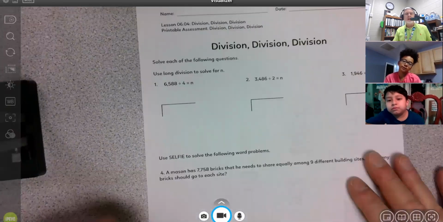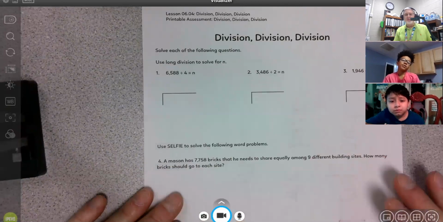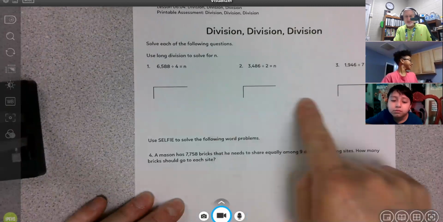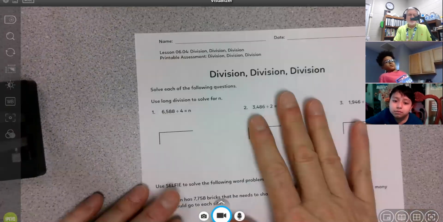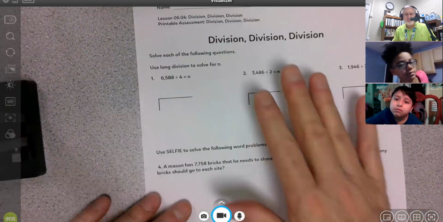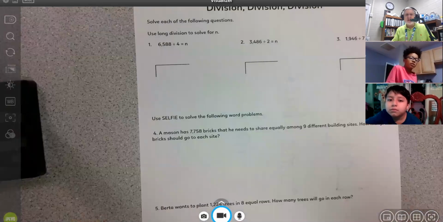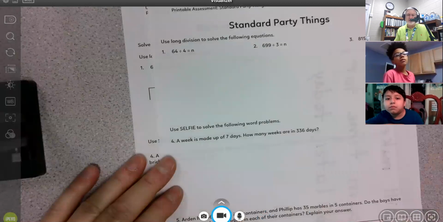And on assignment 0604, again, it says use the long division to solve. We're going to use the partial quotient strategy. If you find that you don't have enough room on this, you can either do it on the back of this, or you can do it on a piece of loose leaf paper. But when you're completing this, do not just put an answer there and turn that in.